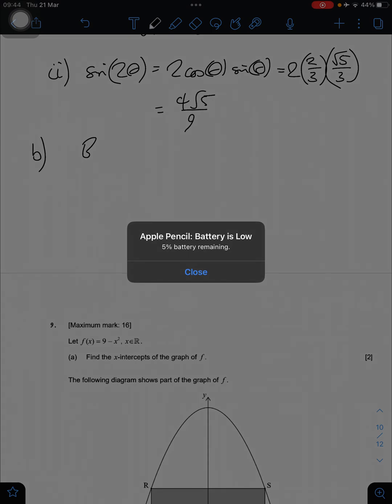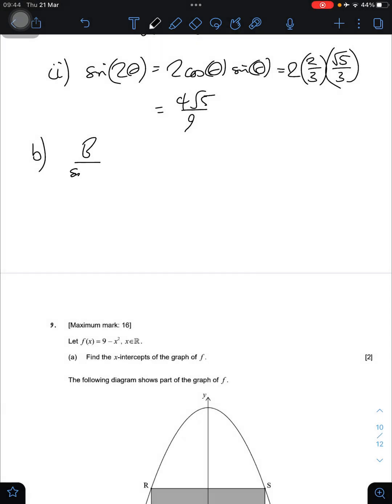So I'm going to use b over sine b, but small b really, isn't it? Small b over sine b, and then small a over sine a. And so my values here would be b over sine theta equals a over sine 2 theta.